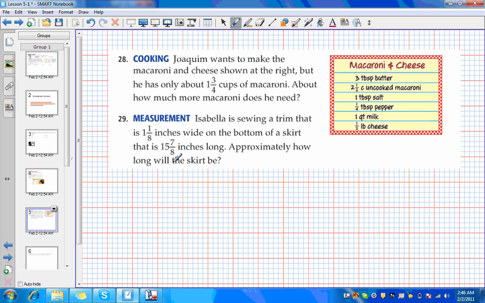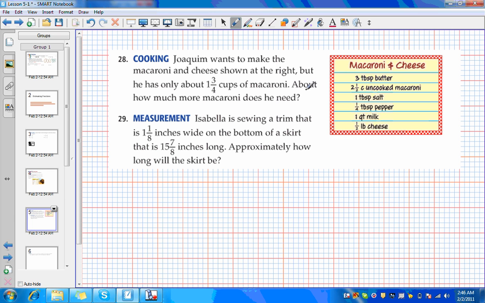So now we're going to go into situations where you're going to need to understand estimating fractions. Excuse me. So the first situation is cooking. Joaquin wants to make a macaroni and cheese shown at the right, so he's making this recipe. But he only has about 1 3/4 cups of macaroni.